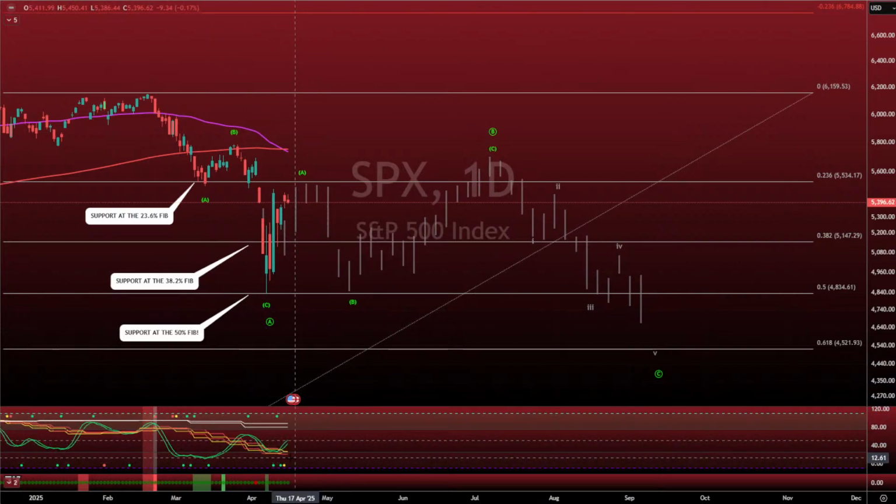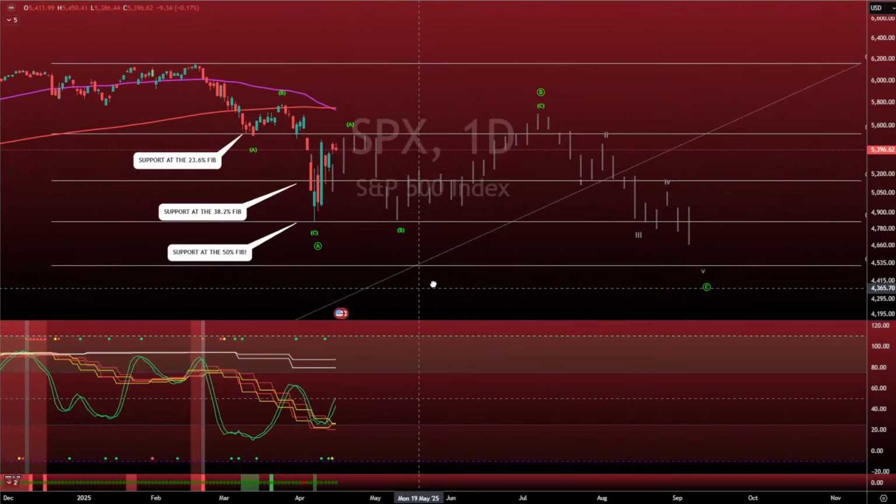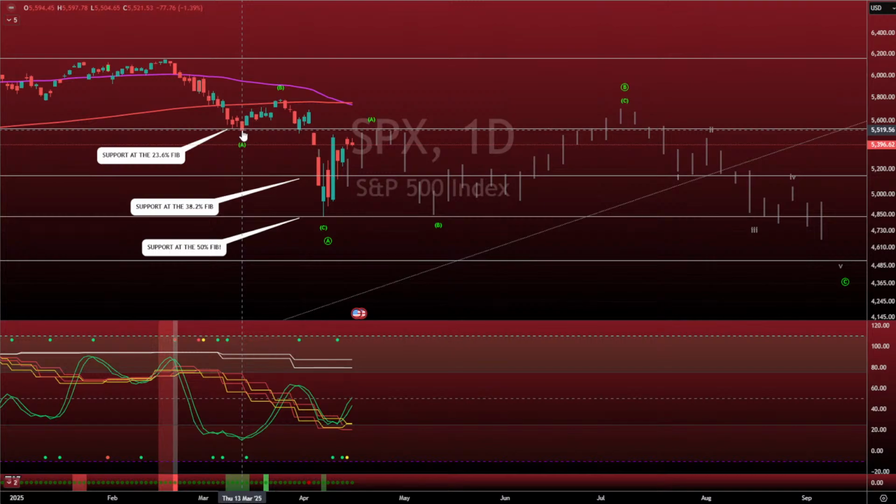So I'm circling this, but what I want to focus on now is the Wavemaster and the price action that we've got. So we have a low here, and take a look at the low that we've got here on the indicator, right? And then we have a much lower low, but then we have a much higher low here. So we've got some divergence that has formed here. So this is bullish divergence, which would indicate that we're going to see a bounce.